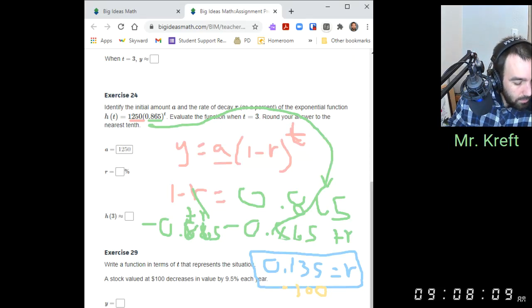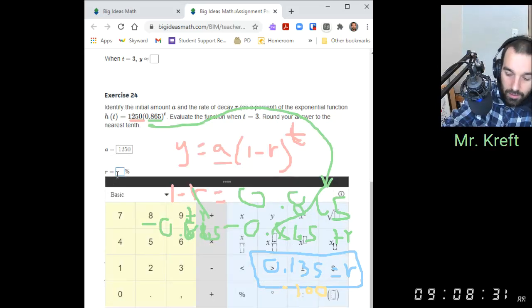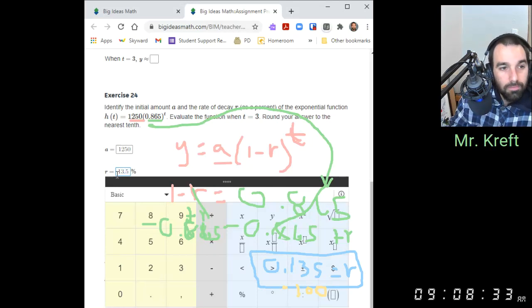Right here, 1.35, that's a 3, and here this is a 6. So 1.35 here, and then this is 865 right here. So this is 135. When I type this in, it's going to be 13.5%.